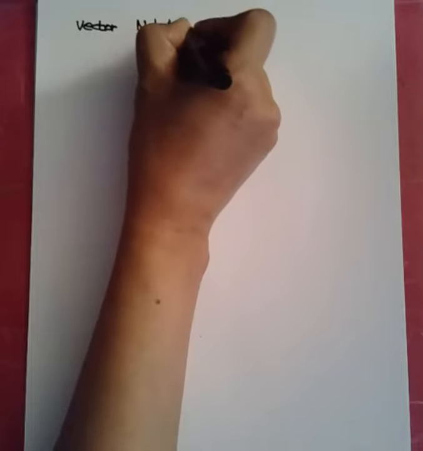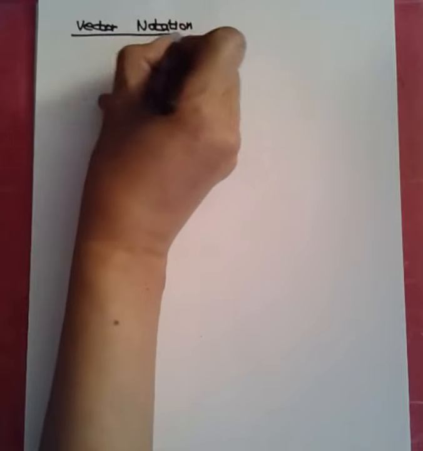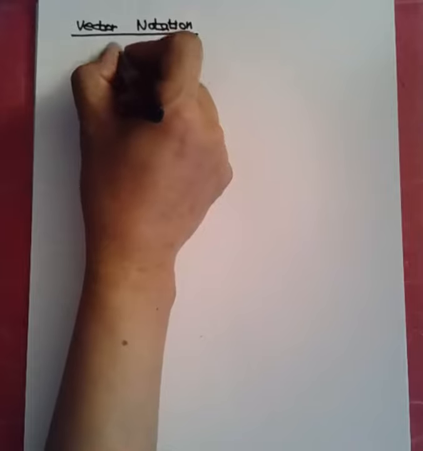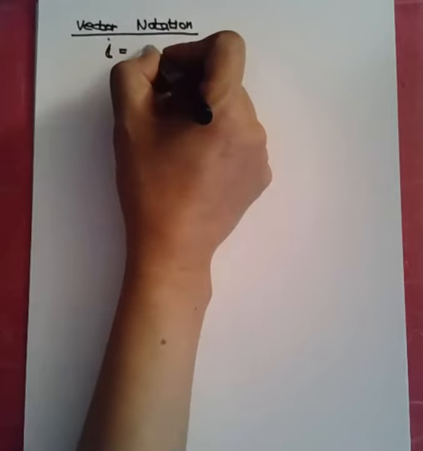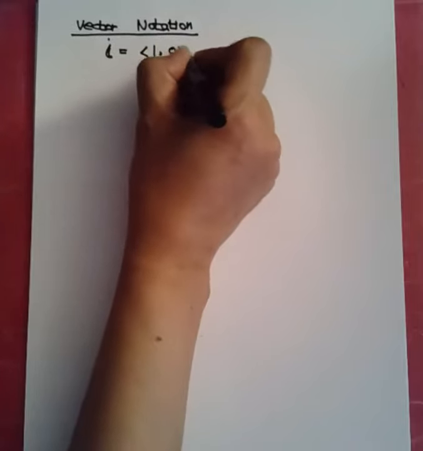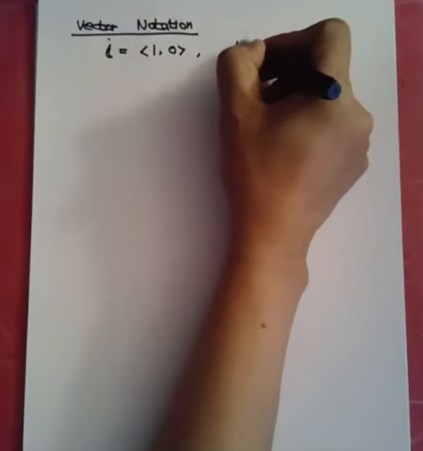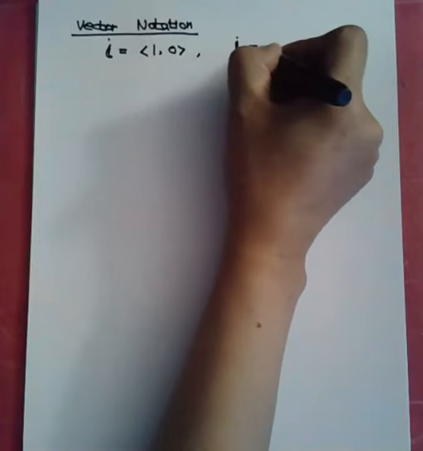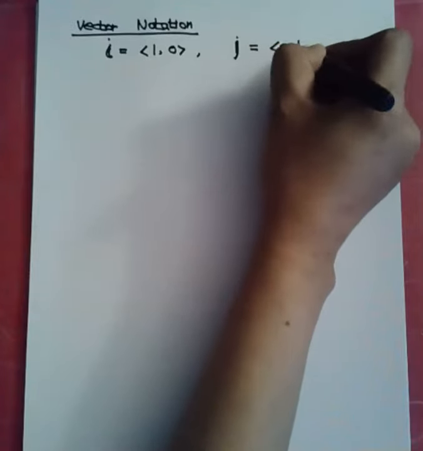There is another way to denote the vector. We can use i and j. When you use i in a vector, that represents 1 and 0, the horizontal unit vector, and j is the vertical unit vector, 0 and 1.